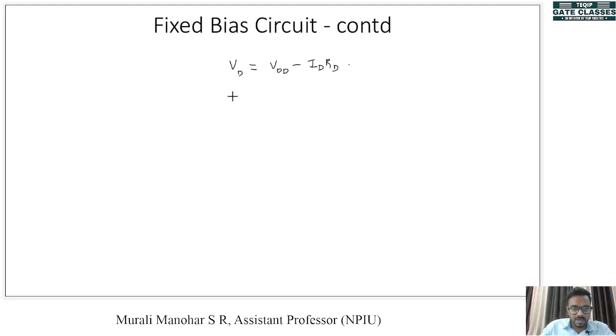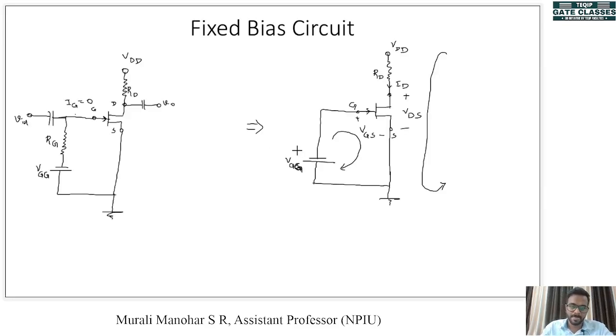In the same way, we know that VGS is equal to VG minus Vs. That means since Vs is equal to 0, VGS is equal to VG. Now we know that VG is equal to minus VGG. So these are the different voltages, different potentials in different points of the circuit. Okay, so we have found out all the things we need to find out.